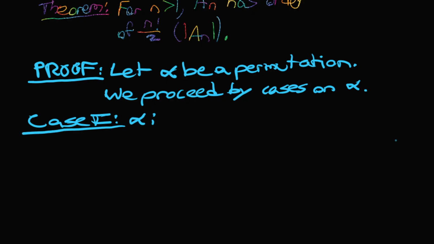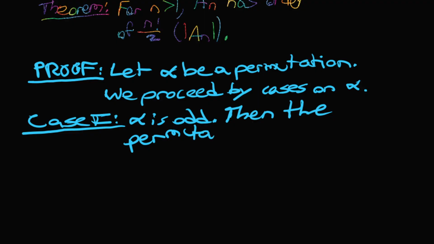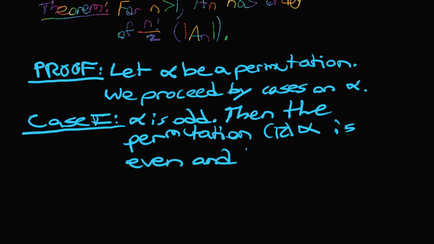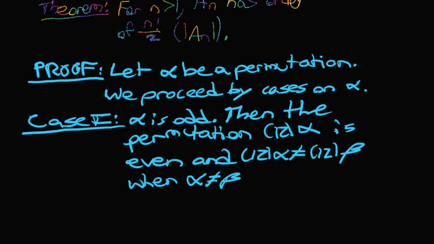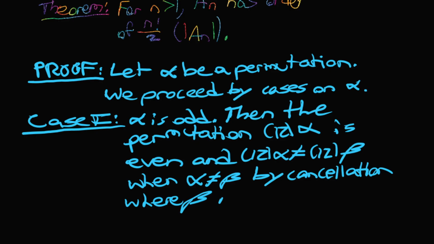So let's take a look at case 1. We are going to look at where alpha is odd. So then the permutation 1, 2 alpha, or the identity times alpha, is even, and 1, 2 alpha does not equal 1, 2 beta when alpha does not equal beta by cancellation, where beta is a permutation.